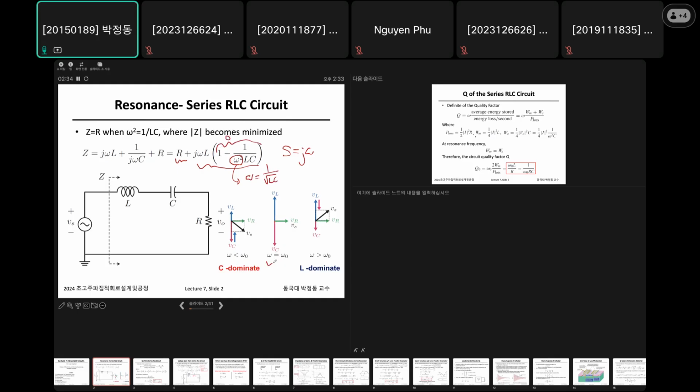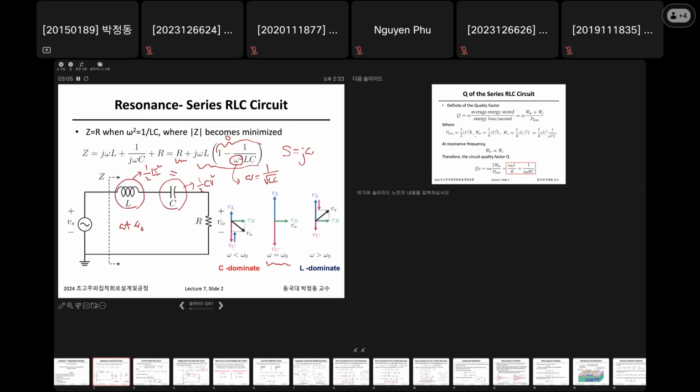At the resonance frequency, the energy stored in L equals the energy stored in C. So at omega 0, the stored energy over here is this, and the stored energy over here is this, so it becomes the same.